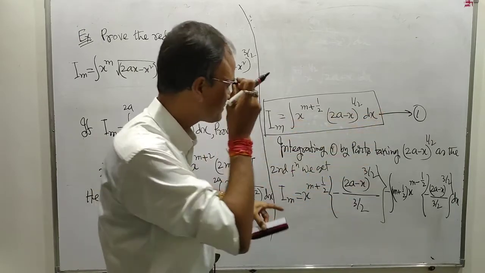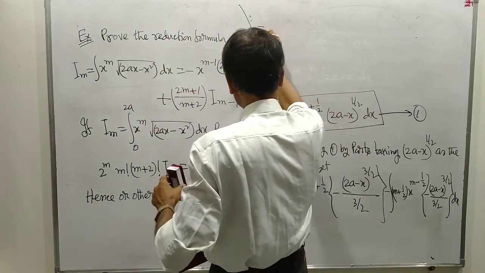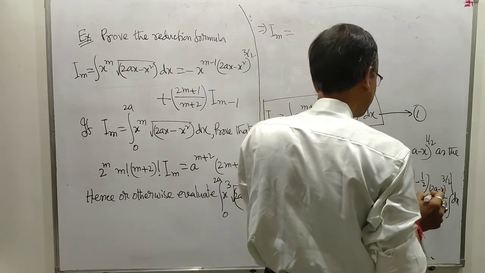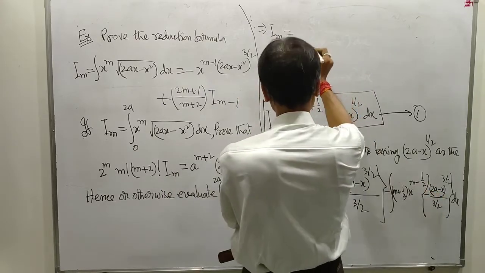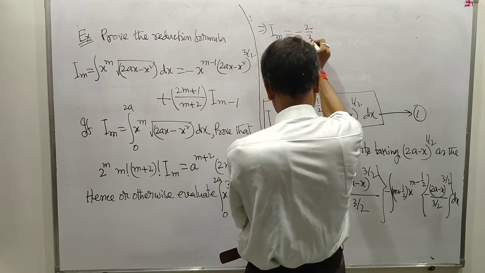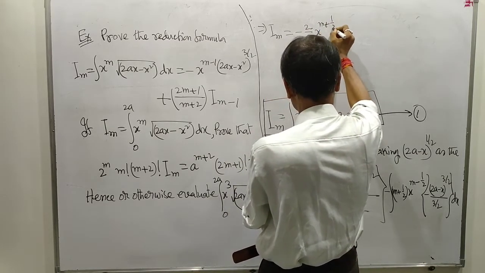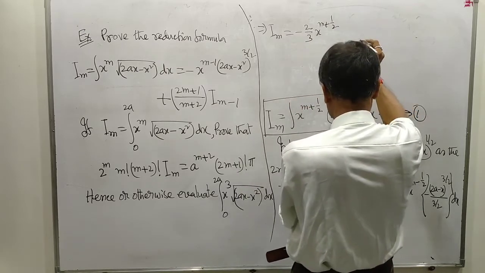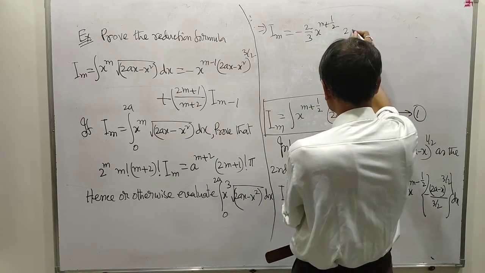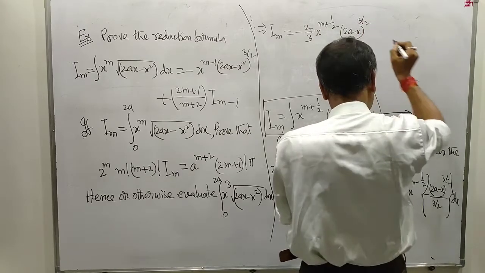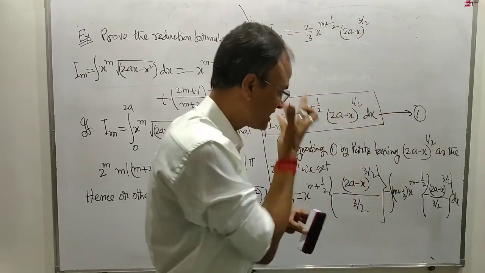This means I_m is equal to minus 2 by 3 x to the power m plus half into twice a minus x whole to the power 3 by 2, you may write like this.